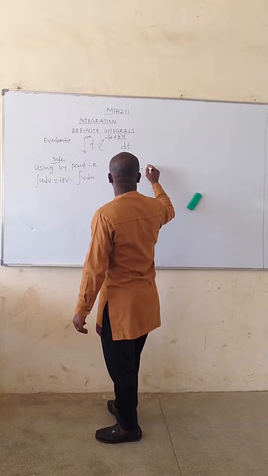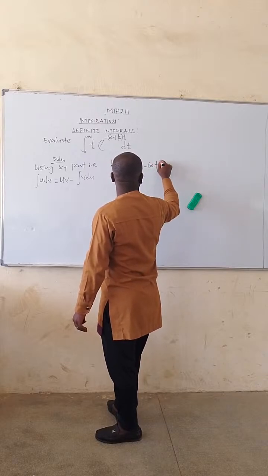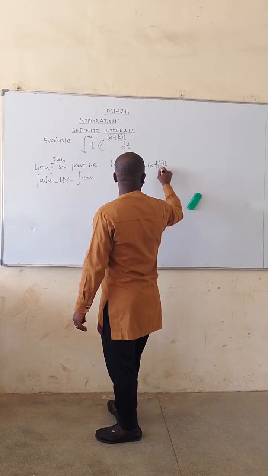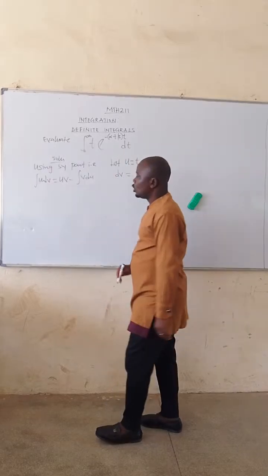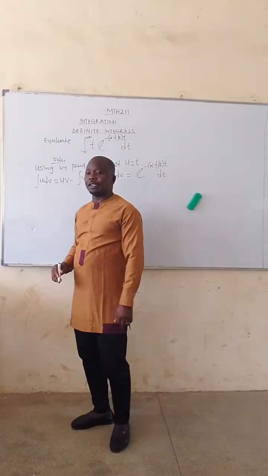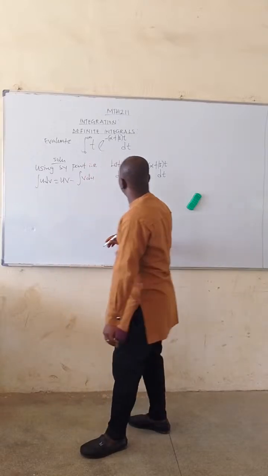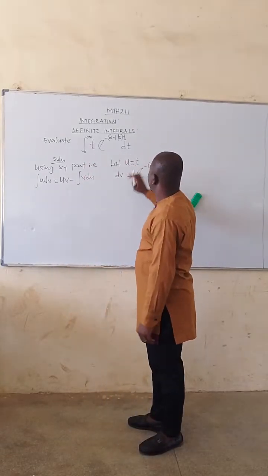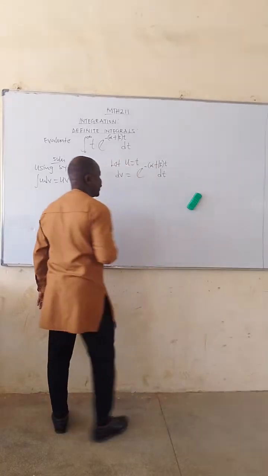So dv equals exponential minus open bracket alpha plus beta t, dt. This implies that we have to differentiate u with respect to t.